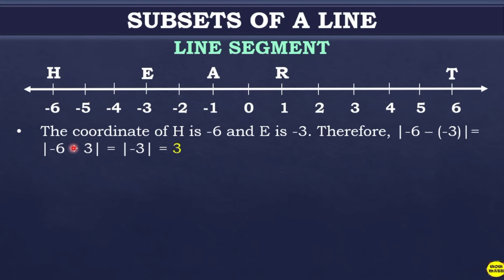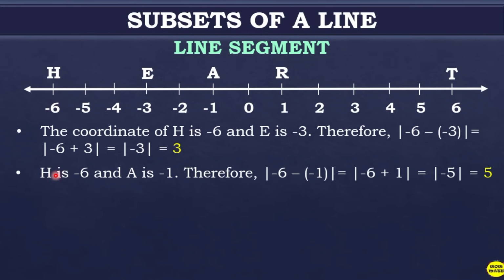So, negative 6 plus 3, that will become negative 3. Kunin mo po yung absolute value niyan, so the measure of segment HE is 3. Okay? So, the measure of segment HE is 3.